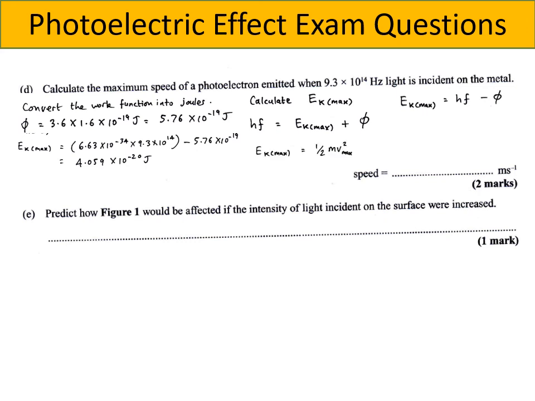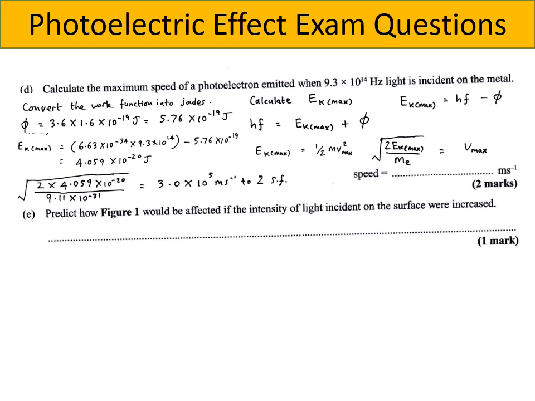So we then remember that EK max is equal to a half mv squared max. If we take the square root of 2 EK max and divide that by me, which is the mass of an electron, that is equal to v max.